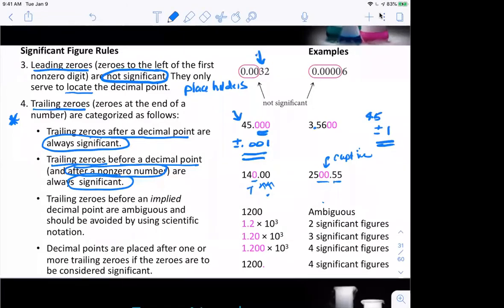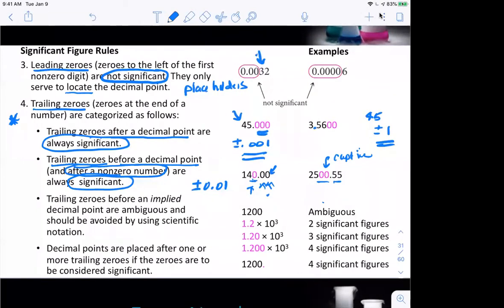But here I want to reflect that my uncertainty is plus or minus 0.01, right? So this 0 in that 140.00 is also considered to be significant because my uncertainty isn't there, it's in the last digit that I report.